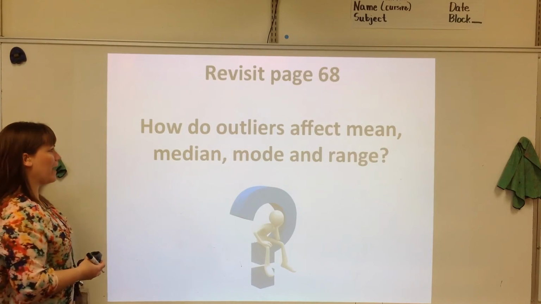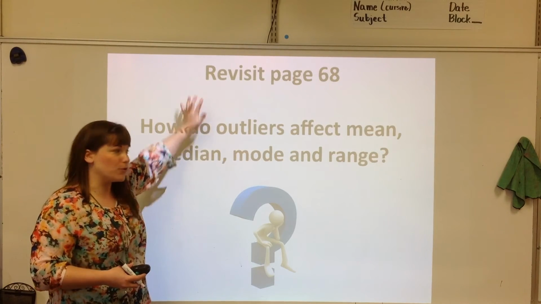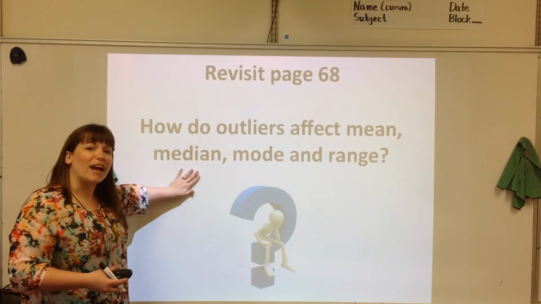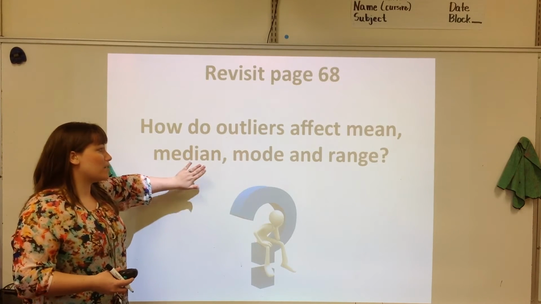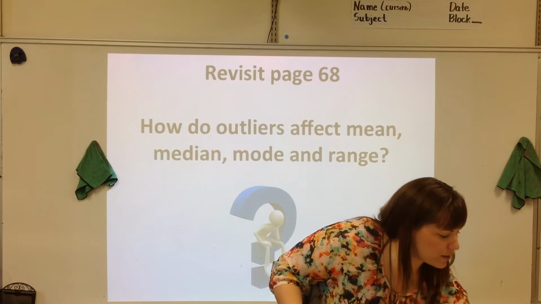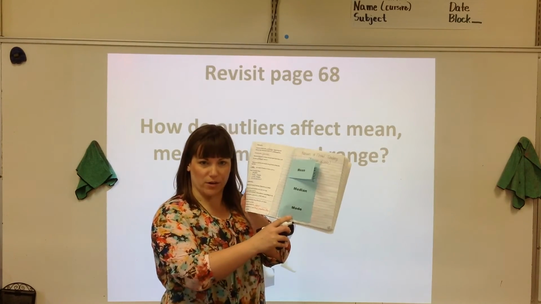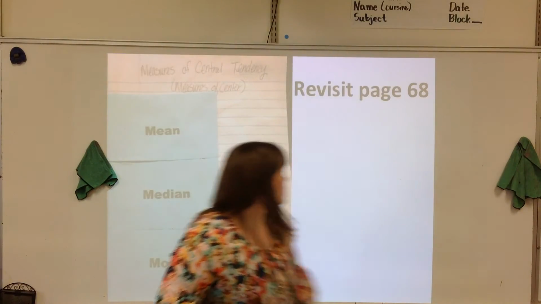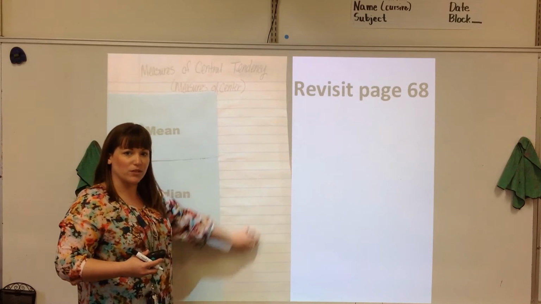So what I'm going to have you do is turn to page 68 in your notebook, and we're going to write down how outliers affect the mean, median, mode, and then we're going to flip and talk about range. So that, if you're wondering, is this page right here in your notebook. So I want you to turn to this page. There should be some space over here for us to write in.